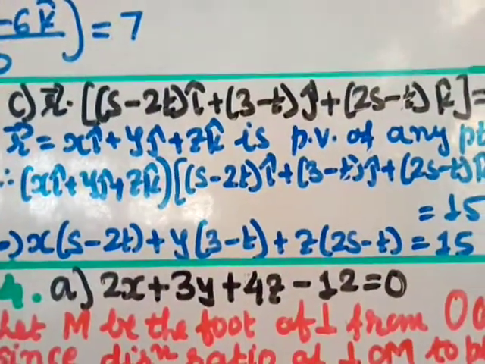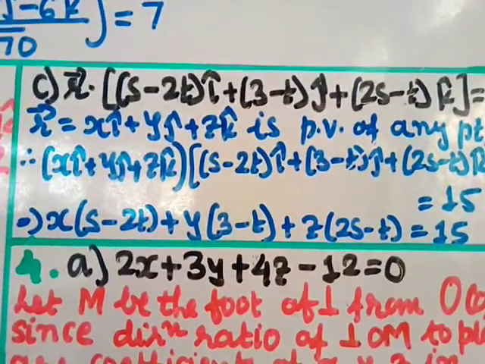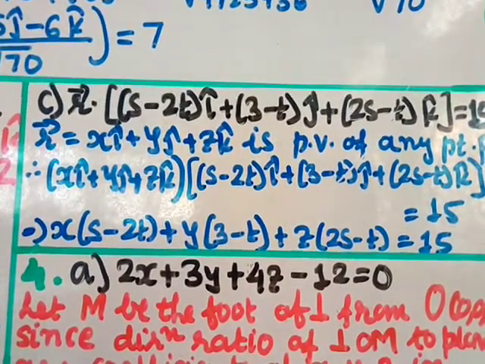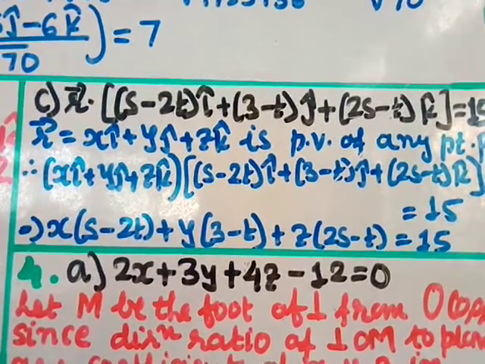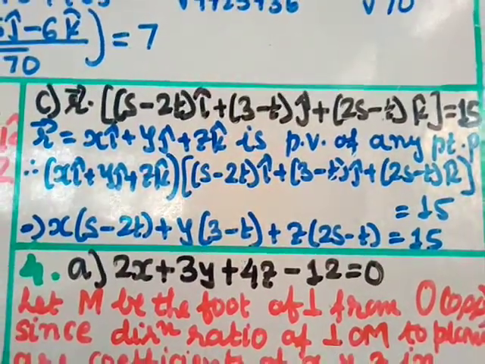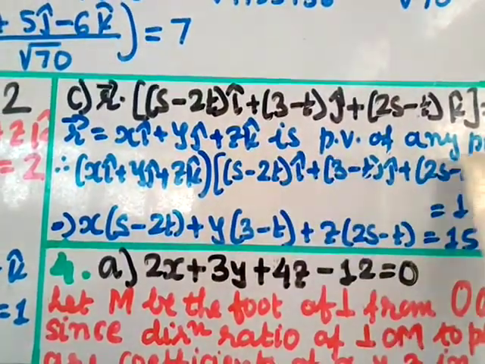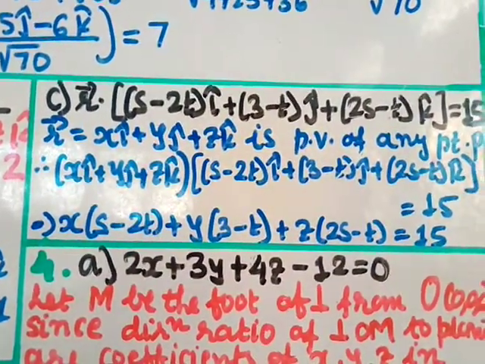Number C is r dot ((s minus 2t) i cap plus (3 minus t) j cap plus (2s minus t) k cap) equal to 15. Again we place r as equal to x i cap plus y j cap plus z k cap, and this is the position vector of any point P on the plane.